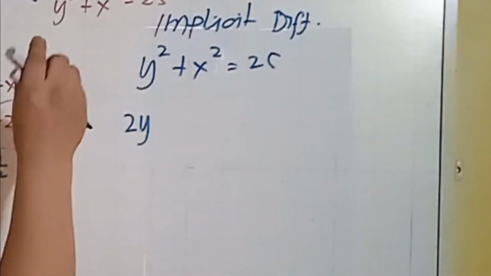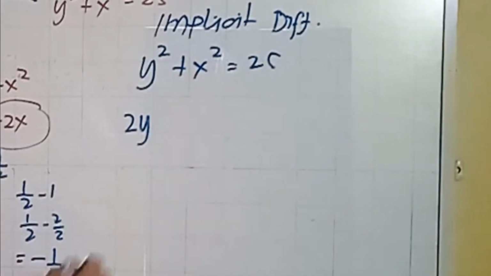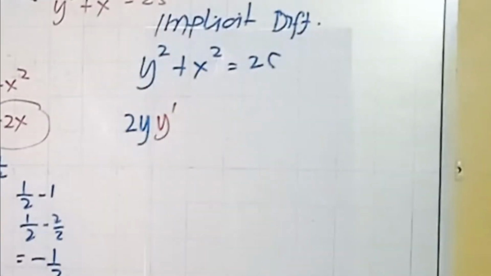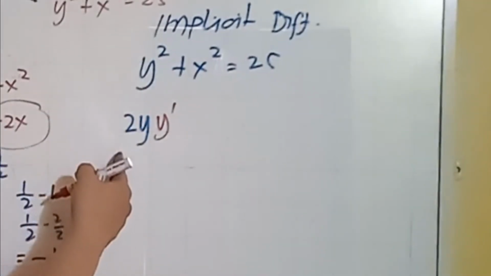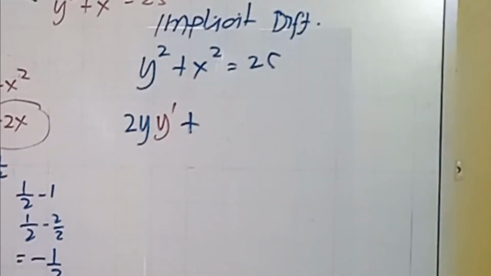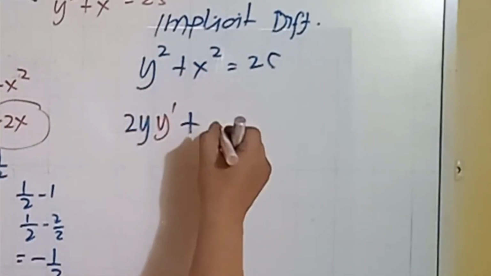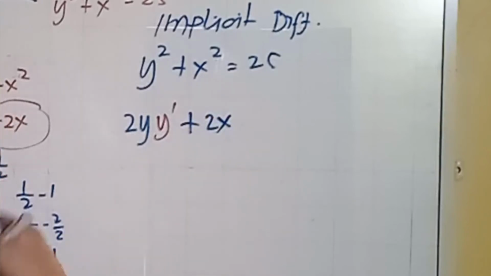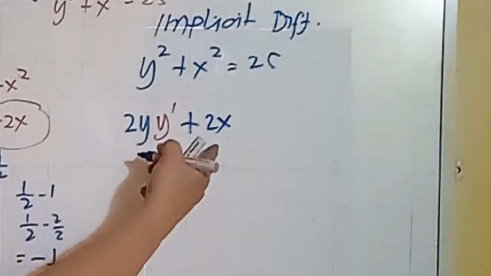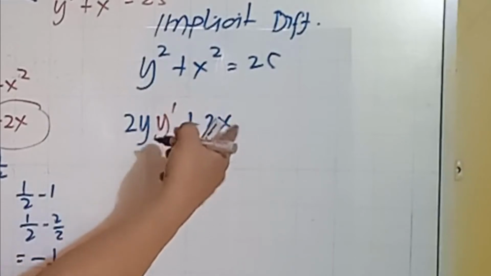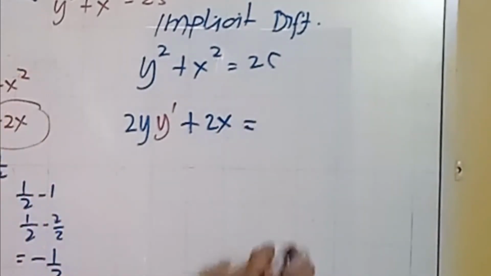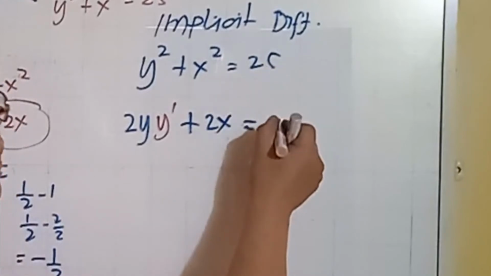Kaya lang pagka dinidifferentiate natin yung dependent variable, natatagdagan siya ng y prime na expression katabi ng 2y. Then, plus power formula, x square, we have 2x. Sa 2x, wala na kasi we find the derivative with respect to x. Kaya, wala na tong x prime. Ito lang yung merong prime. Is equals to derivative of 25, 0.